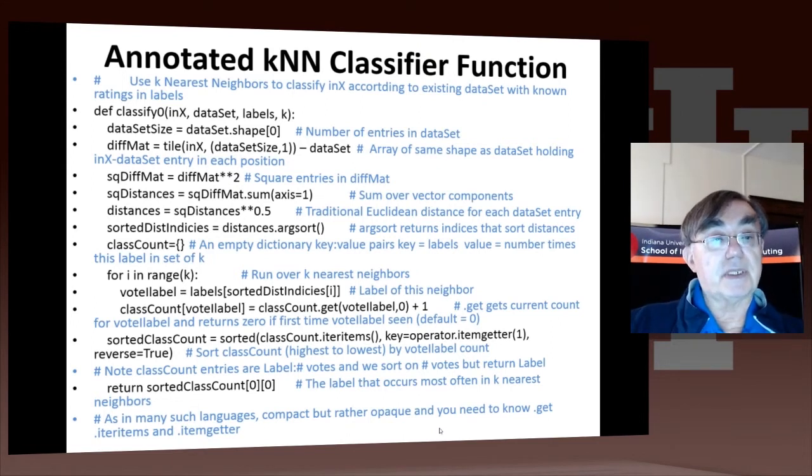All right, so if we just go down this slide and look at this thing here, the dataset size. It's dataset.shape of 0. That is the number of entries in the dataset, which would be 1,000 if I took the whole dataset.